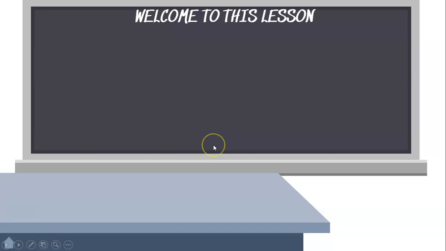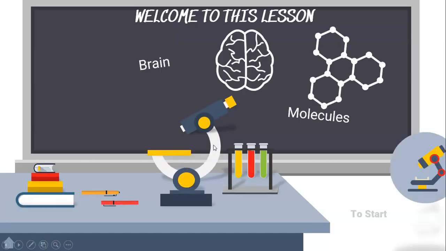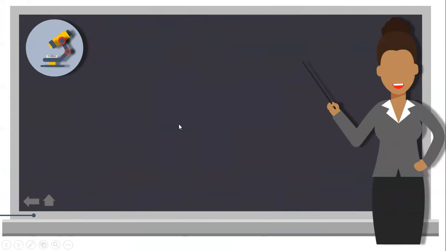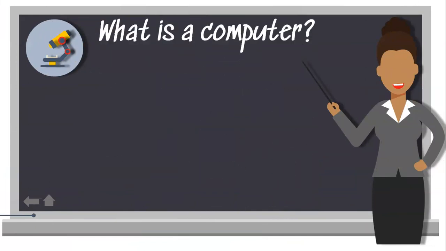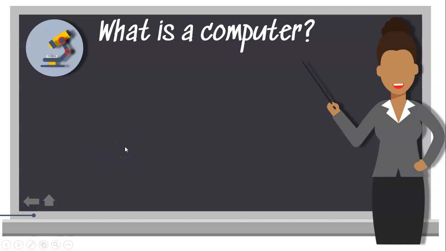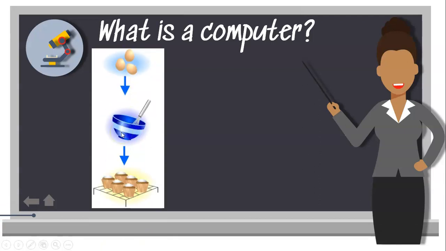Let's proceed now to the main session. In this session, the first thing we need to understand is what a computer is. Let us look at this example for you to understand very well.